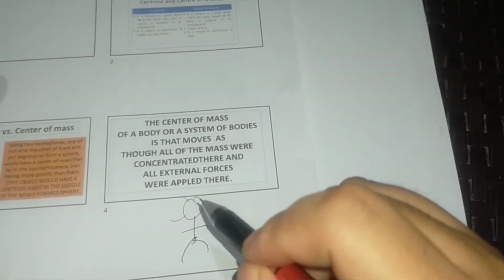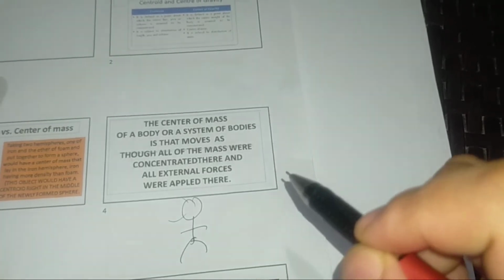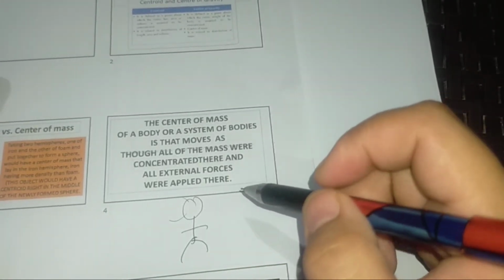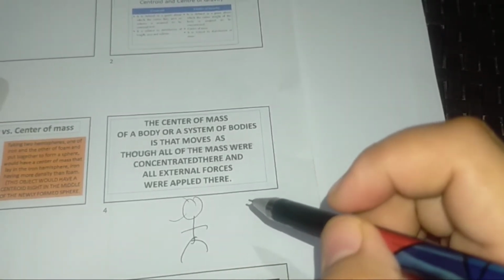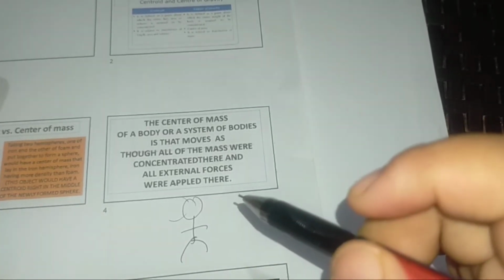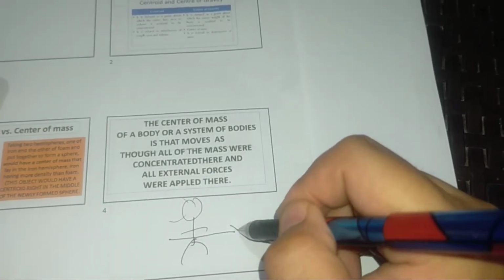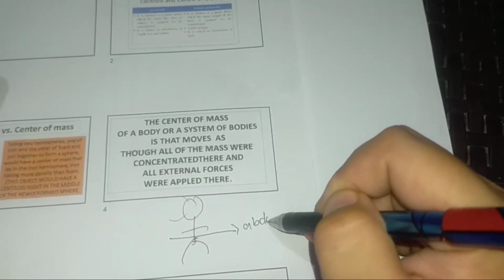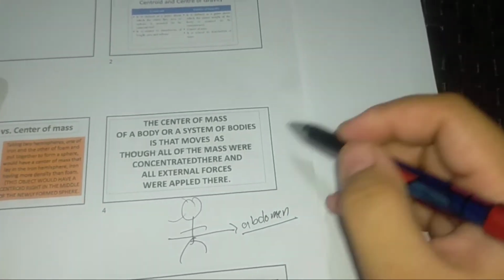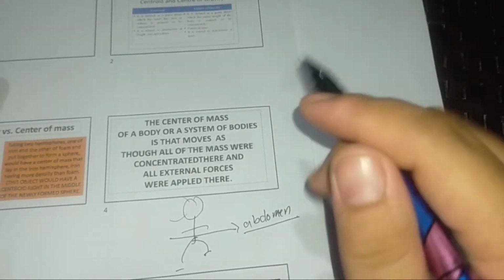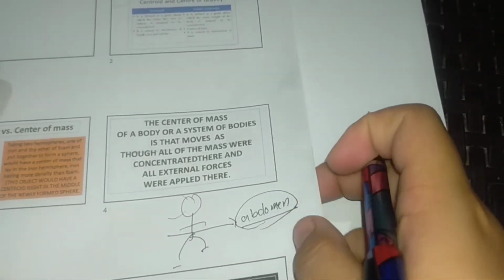In what position is your center of mass located? Definitely, this is the position where all of your mass is concentrated, so it should be present in your abdomen, not in your feet.